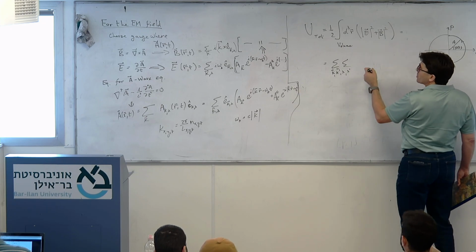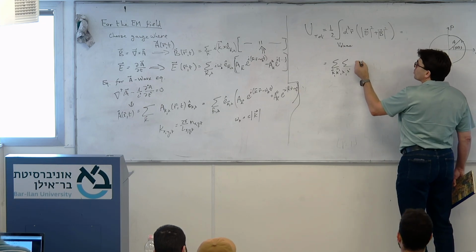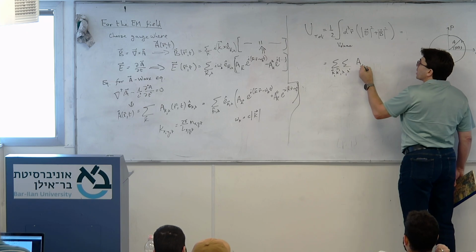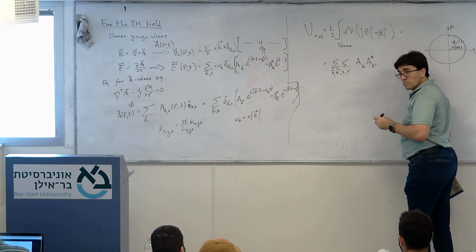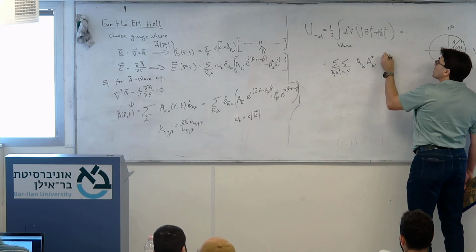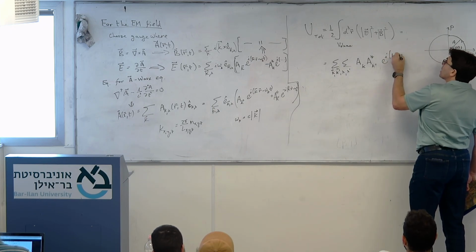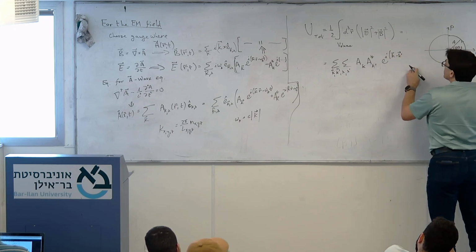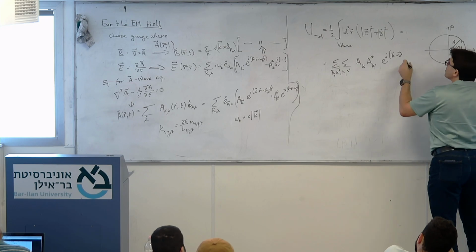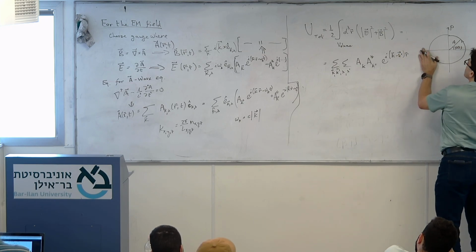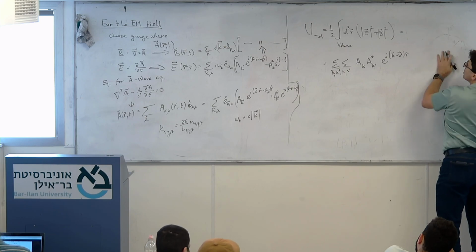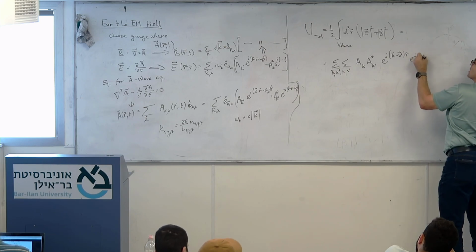So it will be a double sum, of course. But we will have elements that look like A_k times A_k prime star, multiplied by e to the i (k minus k prime) dot r, and another one probably times e to the i (omega_k minus omega_k prime) t.